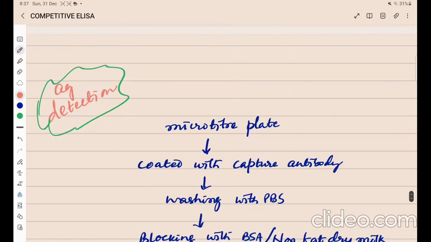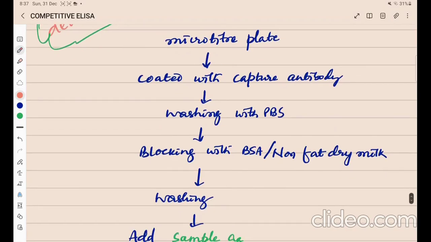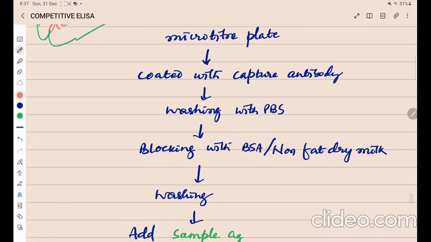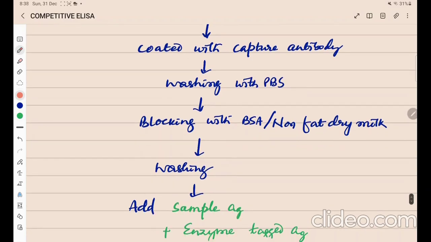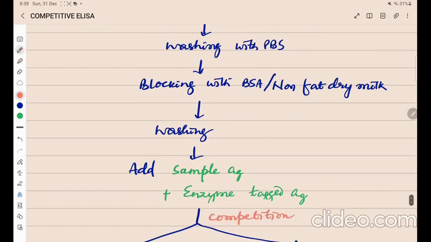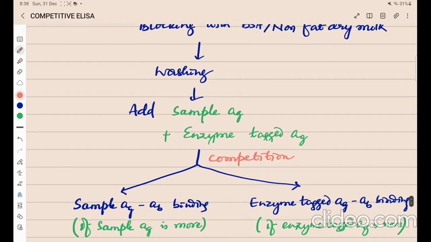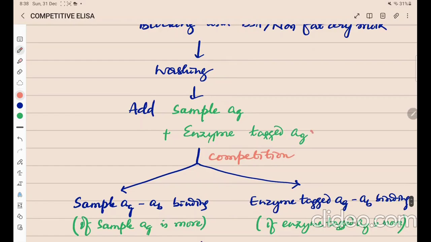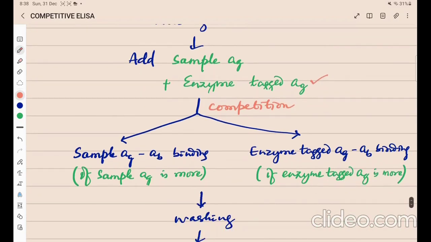We can detect the antigen also. So the same thing: microtiter plate coated with capture antibody, washing with PBS, blocking with BSA or non-fat dry milk as the blocking agent, washing, add sample antigen and enzyme tagged antigen. We call it here enzyme tagged antigen. Now the competition will be there. If sample antigen is more, sample antigen and antibody binding will be there.